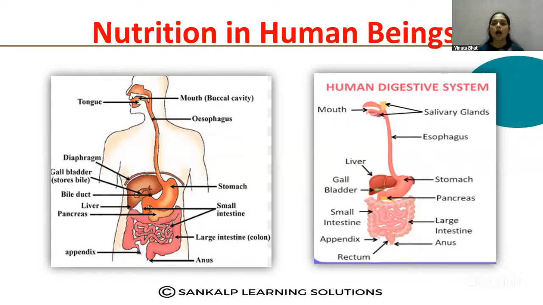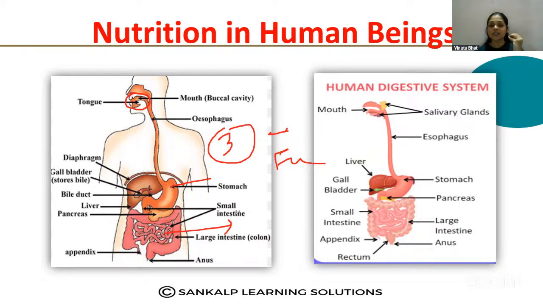Okay, so how they ask the question: the digestion in the mouth, the enzyme name, and how it acts on the starch, that is very important. And the stomach, the three important things which are secreted by the stomach, and their function, that is very important. And the intestine.